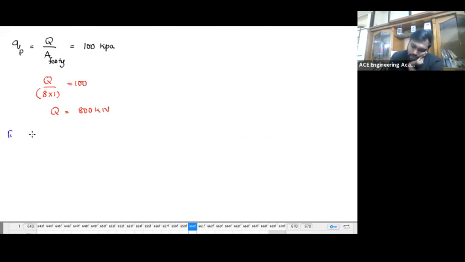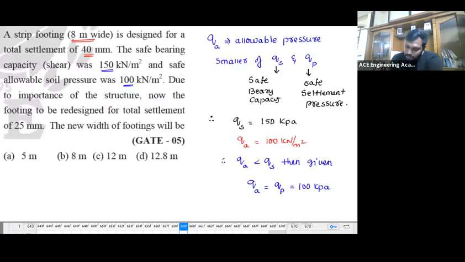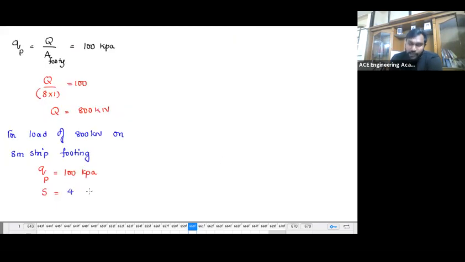For a load of 800 kilonewtons on an 8 meter strip footing, the settlement pressure is going to be 100 kilopascals, and the settlement I obtained is 40 mm. This is the meaning.